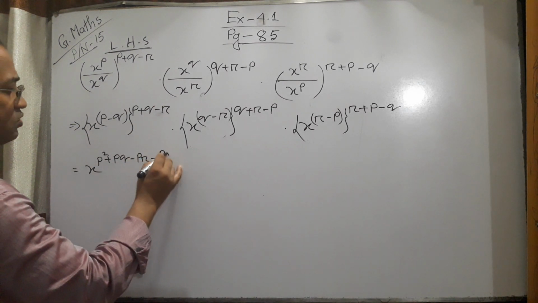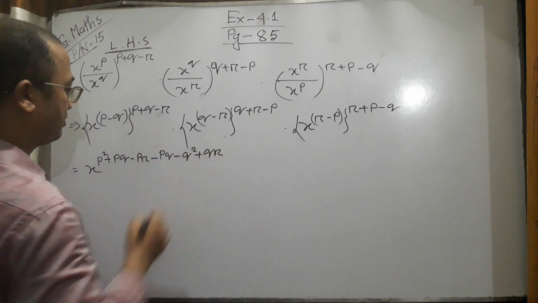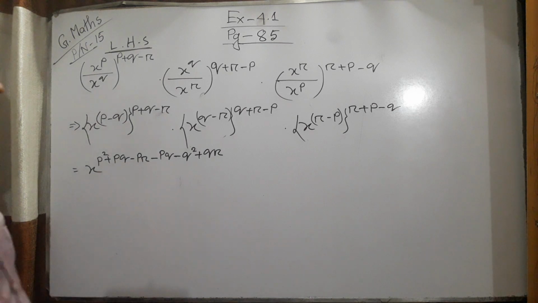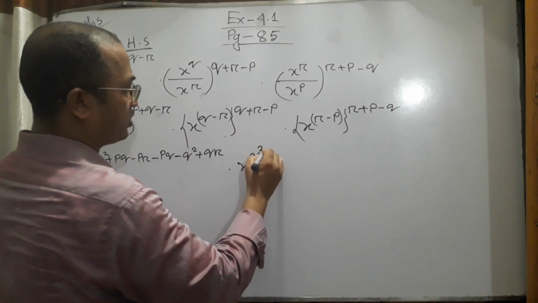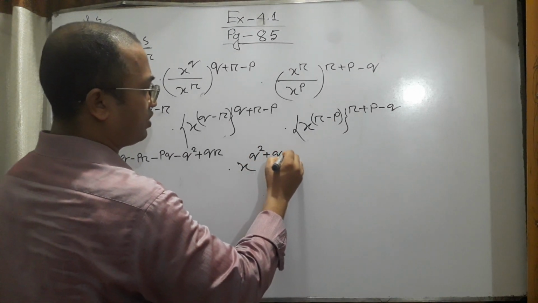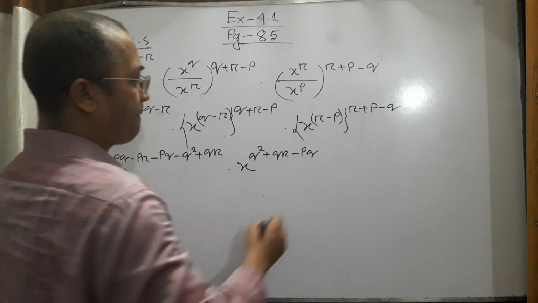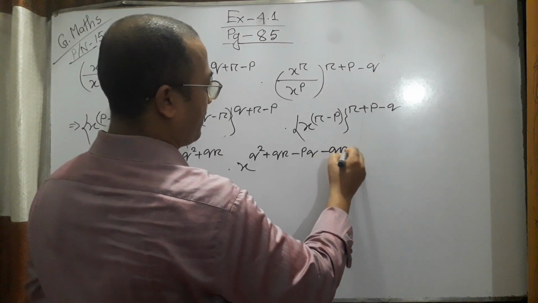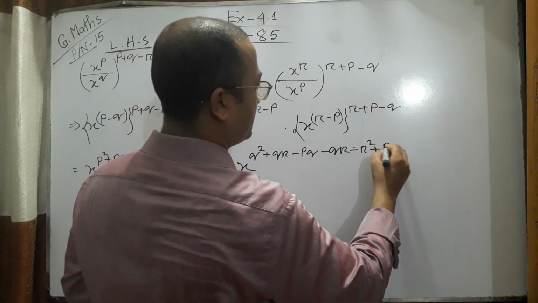Again minus pq minus q square plus qr. Okay. Now this portion: q square plus qr minus pq. Again minus qr, minus r square plus pr.